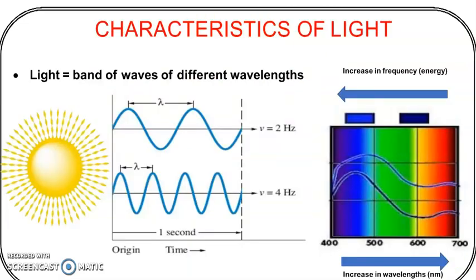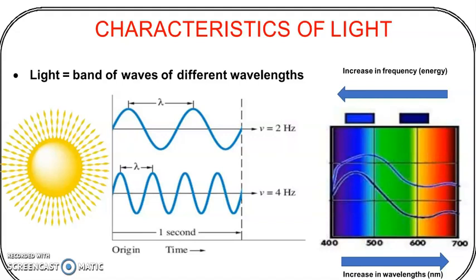Now, characteristics of light. Light is a band of waves of different wavelengths. You can see the lambda, you can see the time and origin.